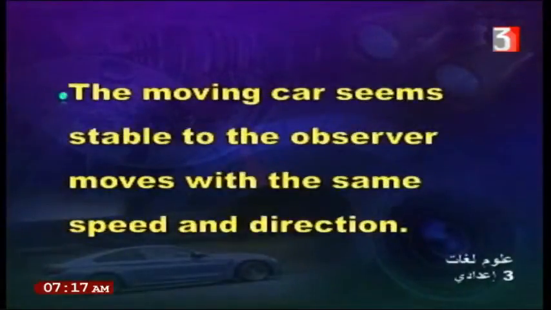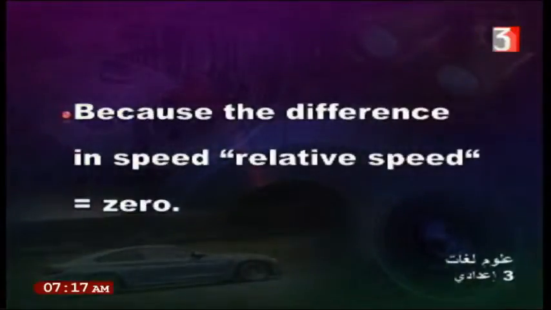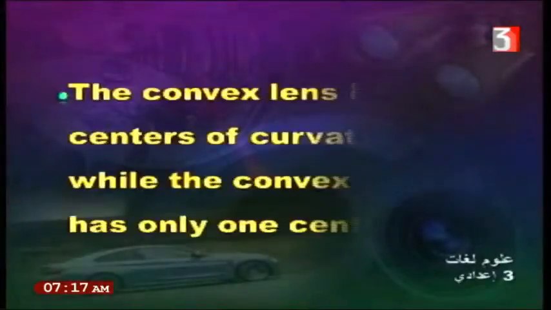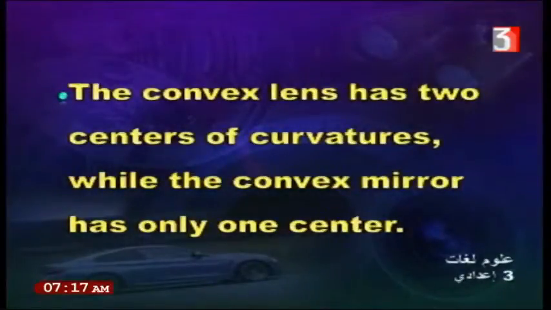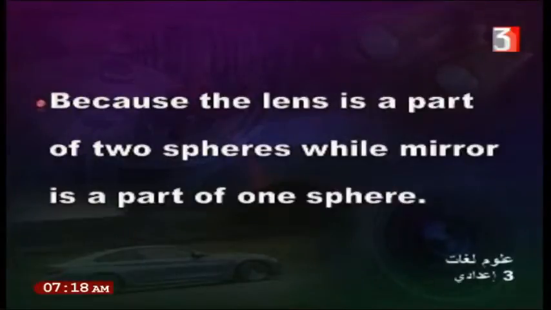The moving car seems stable to the observer moving with the same speed and direction because the relative speed equals 0. The convex lens has two centers of curvature while the convex mirror has only one center because the lens is a part of two spheres while the mirror is part of one sphere.